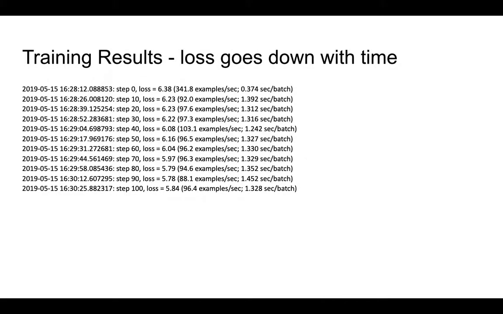So this is the first 100 steps in the training process. I tried to go to 100,000, but here for the first 100 steps, you can see the loss decreases, which is a good sign.